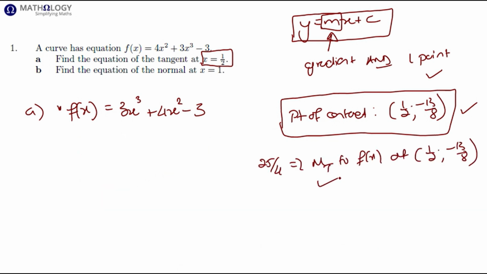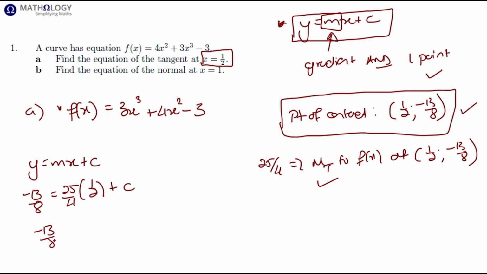Now that we have the gradient of the tangent and we've got the point of contact, we can determine the equation of the tangent. So y equals mx plus c. Y is minus 13 over 8. Gradient is 25 over 4. X is a half, and we obviously need to find c.